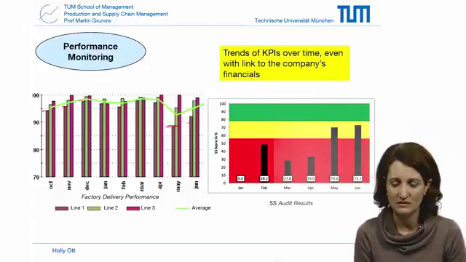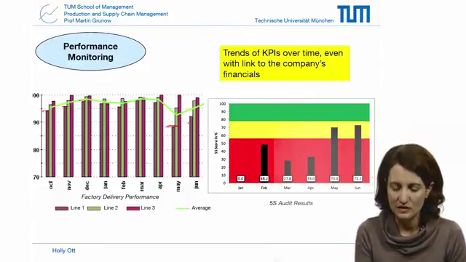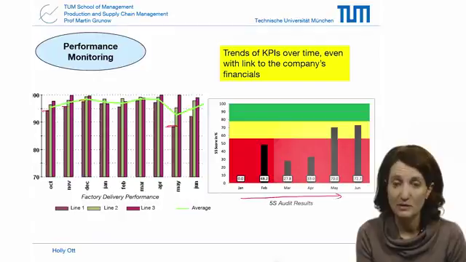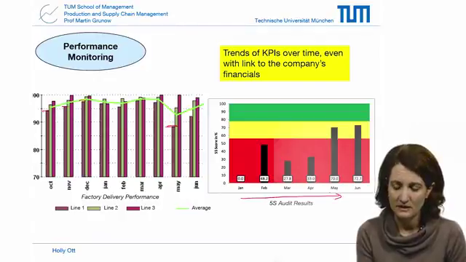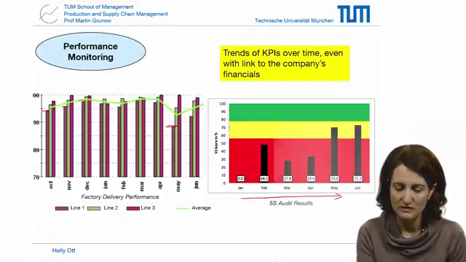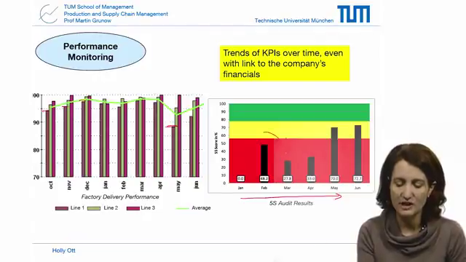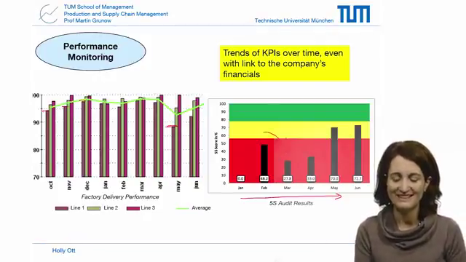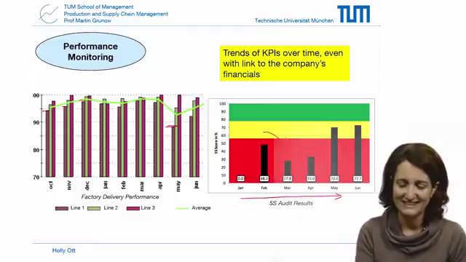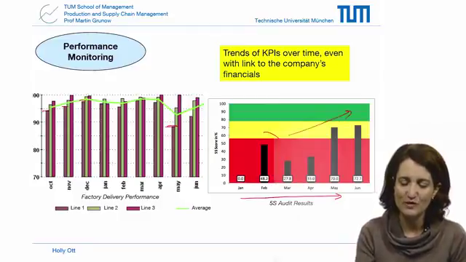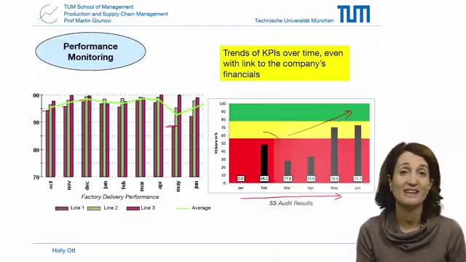So 5S is, of course, in our next lecture, but as you move through the months, you see some improvement. In the wood shop, there seems to be a little bit of deviation here from May to March. Maybe they were motivated and then there were some things that still needed to be improved, but overall you're seeing an improved trend.